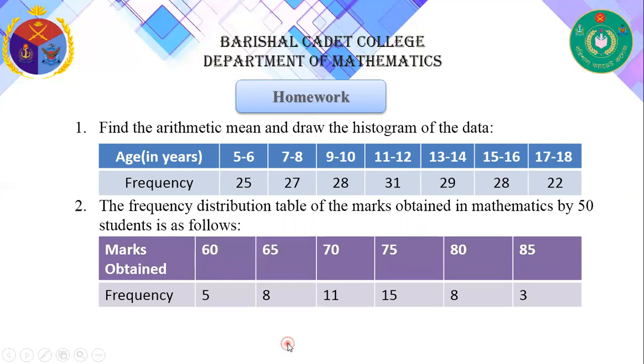And boys, draw the pie chart of the given data. So there are 2 homework problems. You must do them. I hope if you solve these two problems, then you will have no problem in histogram and pie chart.